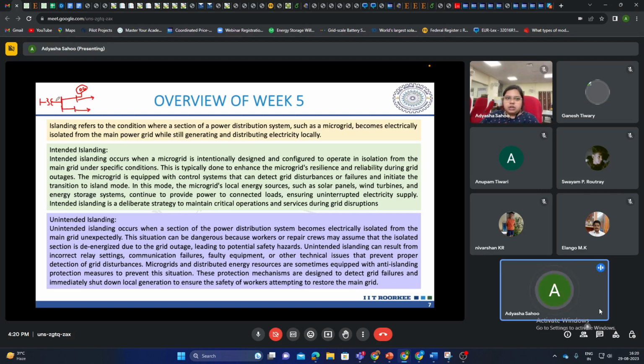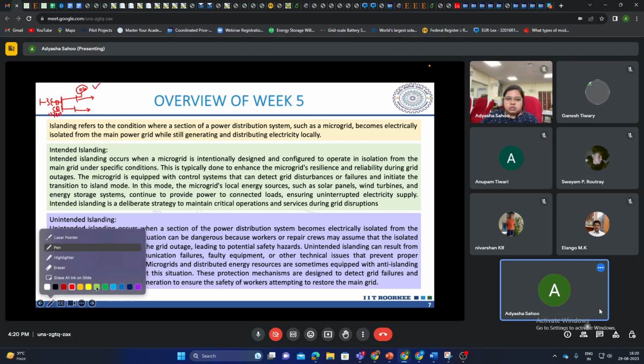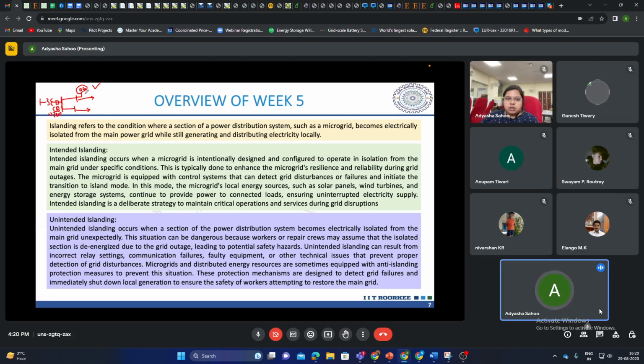The breaker here will open to isolate this healthy part from the faulty section, this healthy microgrid part, and this DG can then supply power to these loads this way.